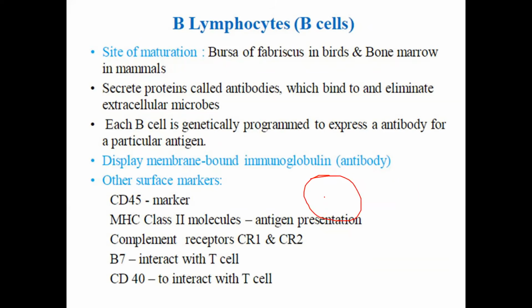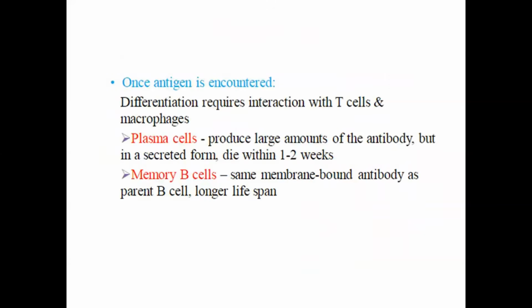Not to get confused, friends. B cell contains the B7 surface marker. That B7 surface marker associates with the CD28 surface marker, which is present on the T cell. Not to get confused with this particular point.